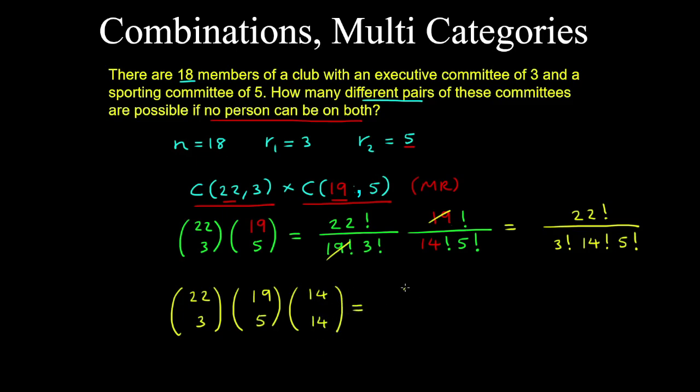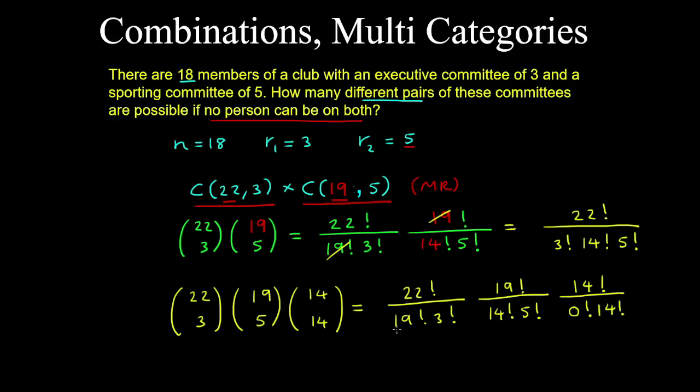So that equals the 22 factorial on 19 factorial by 3 factorial, and then we have 19 factorial on 14 factorial by 5 factorial, and then we have 14 factorial on 14 minus 14 factorial multiplied by 14 factorial.